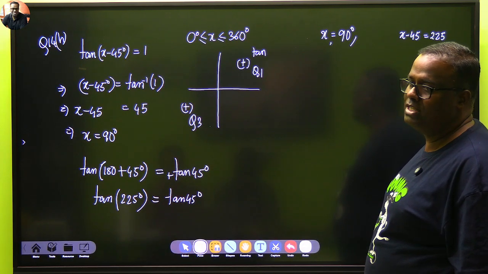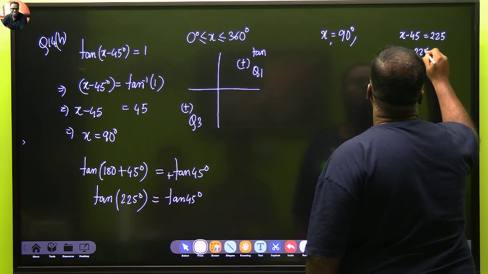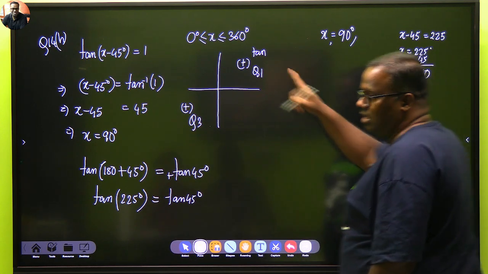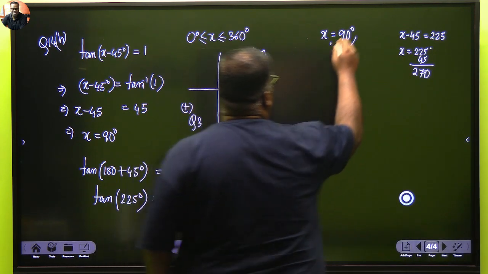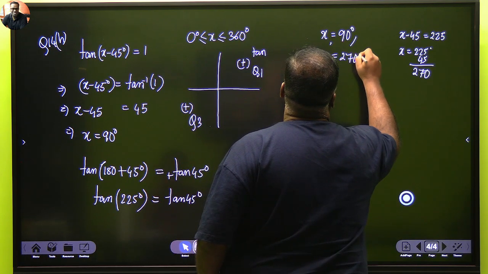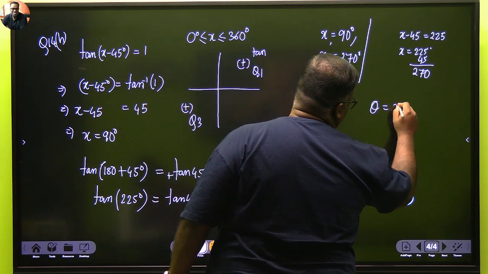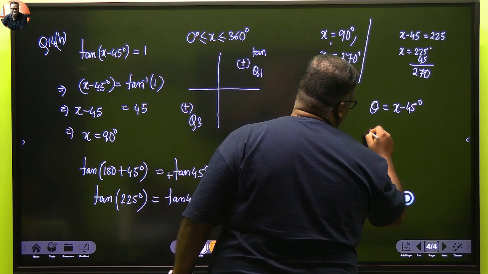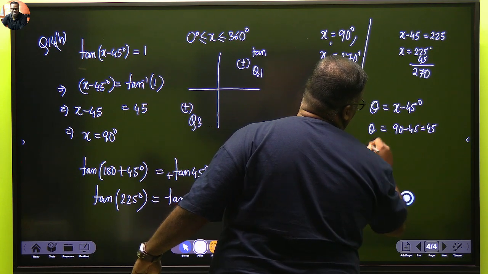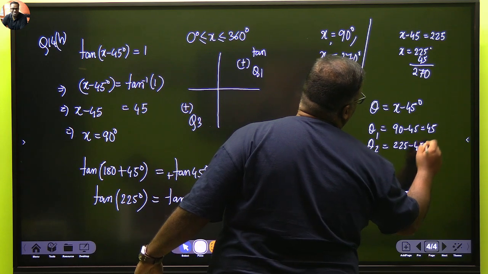That means the value of x is 225 plus 45, which is 270. So these are the values of x. However, if you write your theta as x minus 45, then the angles you got are 90 minus 45, which is 45, and another theta, theta 2, is 225 minus 45, which is how much?